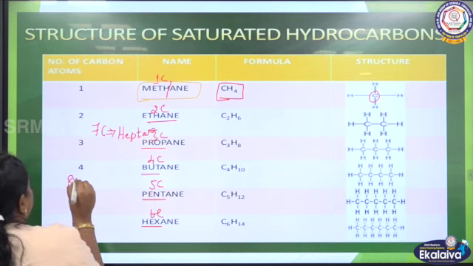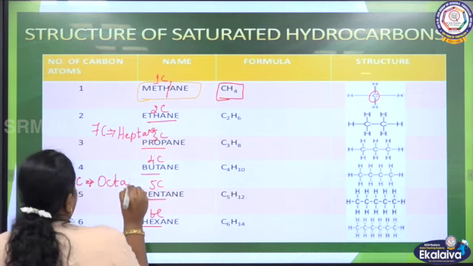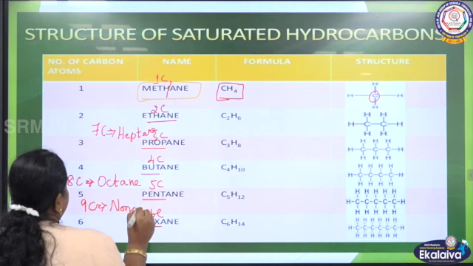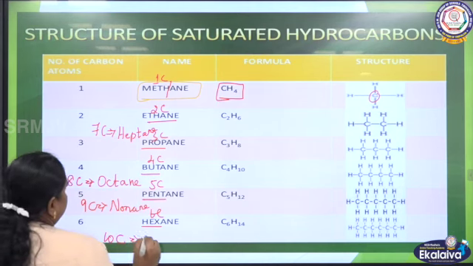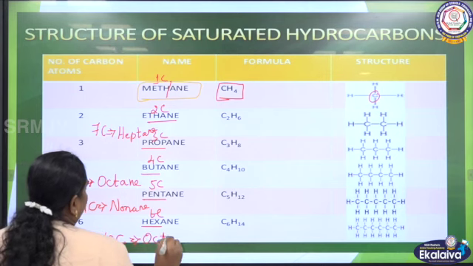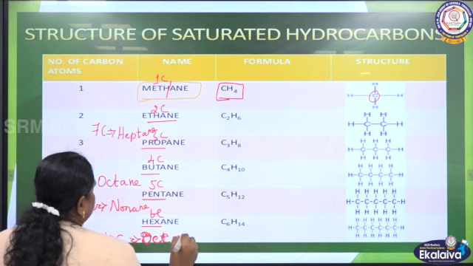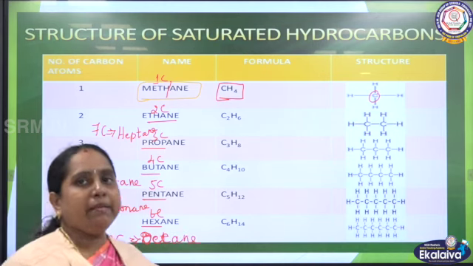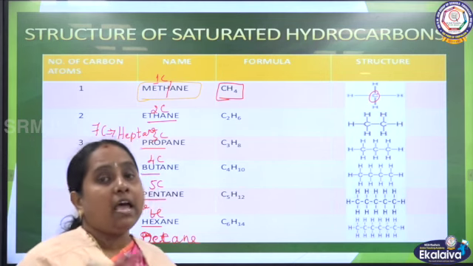If 8 carbon atoms are present, then the compound is named octane. If 9 carbon are present, it is called nonane. If 10 carbon atoms are there in a compound, then it can be named decane.